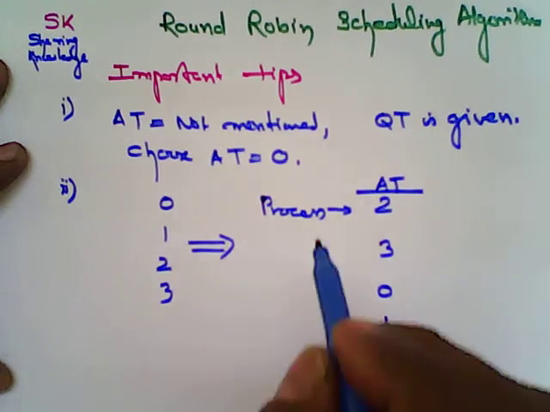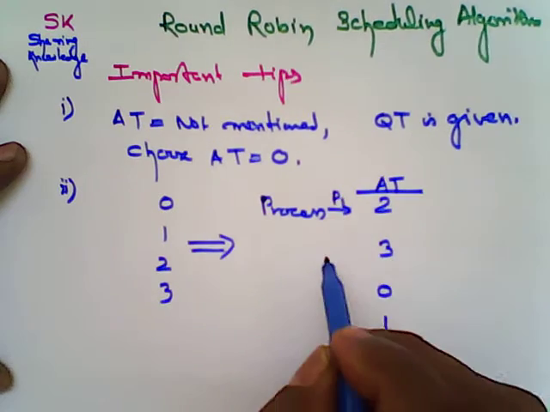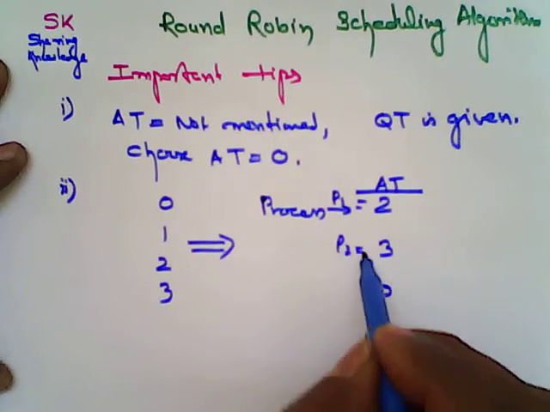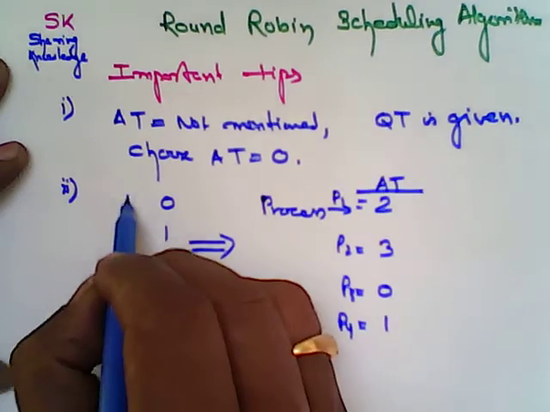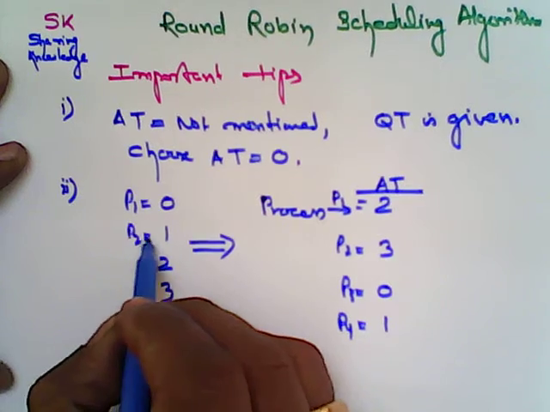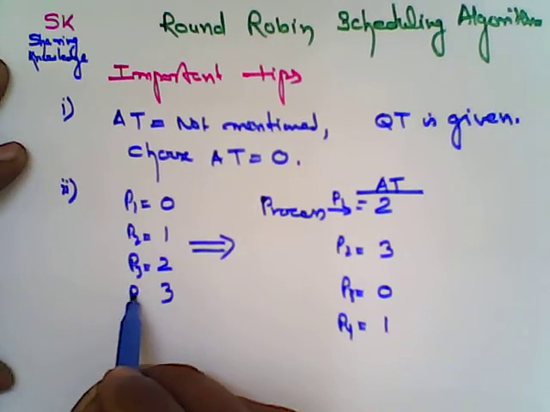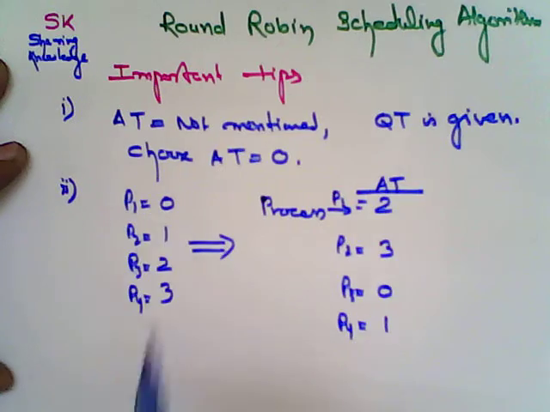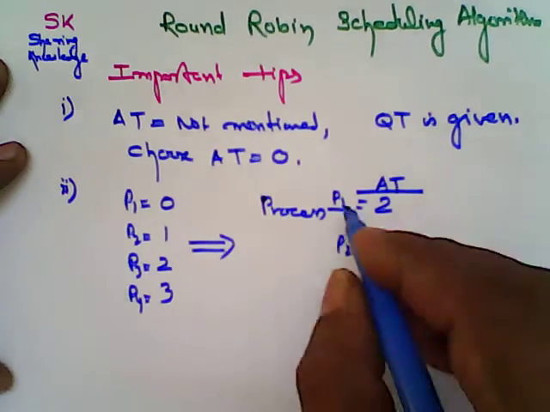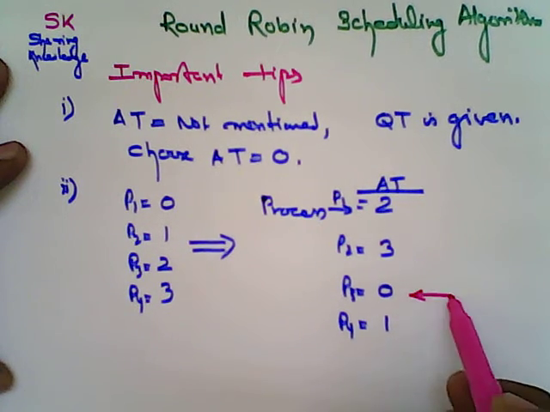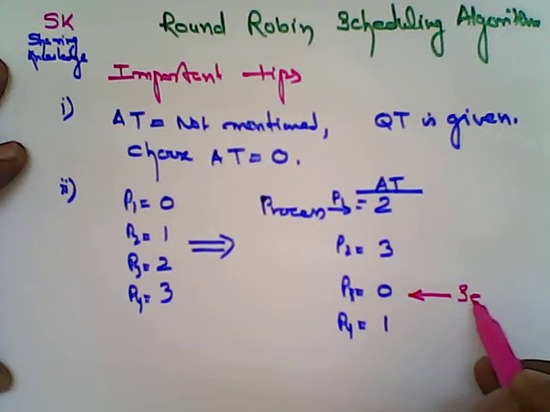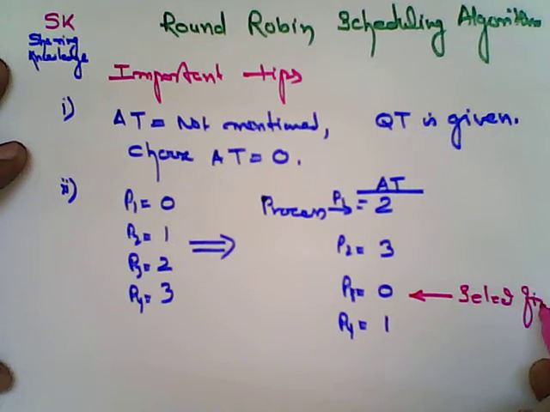Suppose it is written like P1 equal to this, P2 equal to this, P3 equal to this, P4 equal to this, as in the problems we normally see. You look for the process with the lowest arrival time and select that first. So P3 will be the first process you select.